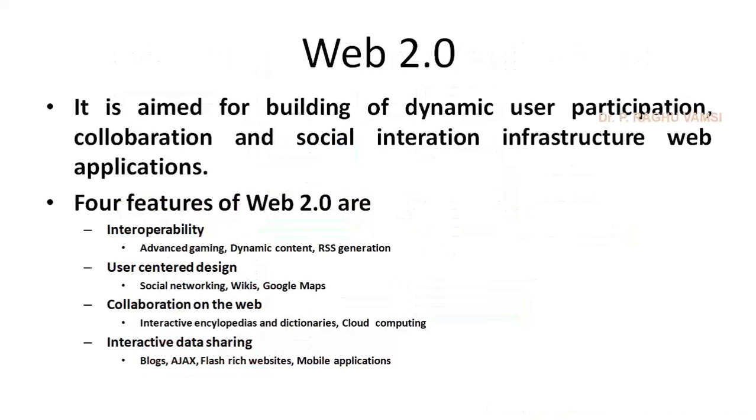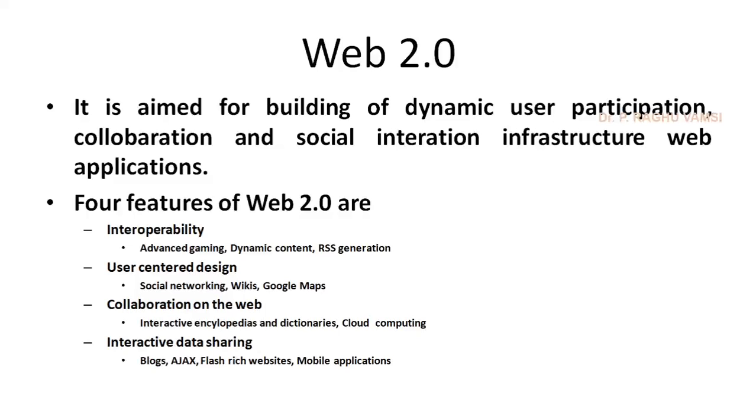As I told you just now, in the year 2000 and before that, we didn't have dynamic nature in any website. Most of the websites before the year 2000 are static websites. That is called Web 1.0. Web 2.0 is aimed at building dynamic user participation, collaboration, and social interaction infrastructure for web applications.